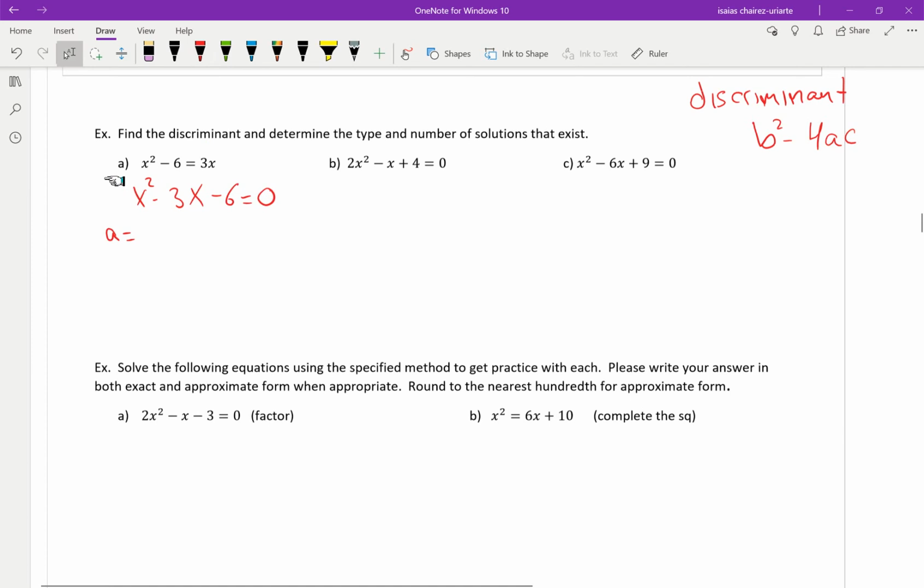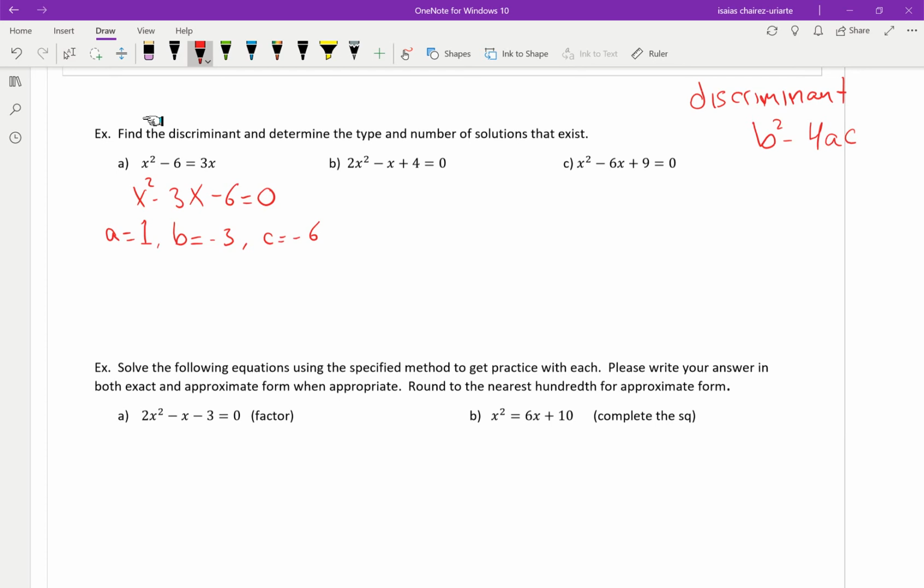Well, that's 1. Even though there's not an explicit 1, it's supposed to be 1. My b is the coefficient of x, so that's -3. Just be careful, include the sign. And c is -6.